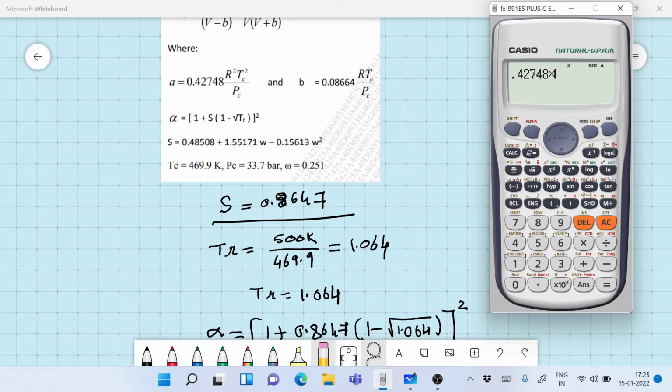0.42748 into R square, that is 8.314 the whole square, into 469.9 the whole square divided by 3370 the whole square, and that's 0.5744.